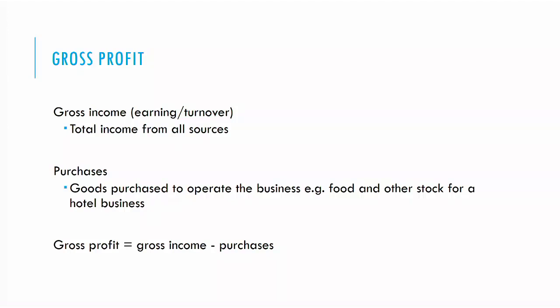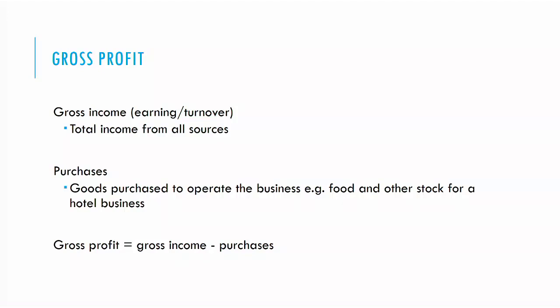If you have done basic financial accounting, you know this. We need the profit and loss account and the balance sheet to calculate this. And all the purchases: goods purchased to operate the business, for example food and other stuff for a hotel business. Then we calculate the gross profit: gross income minus purchases.